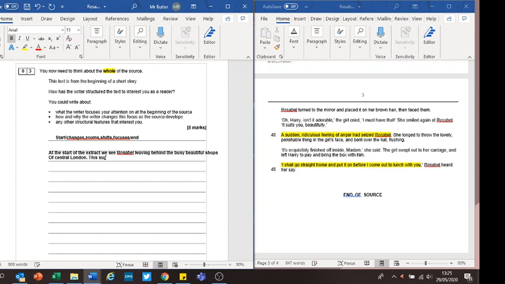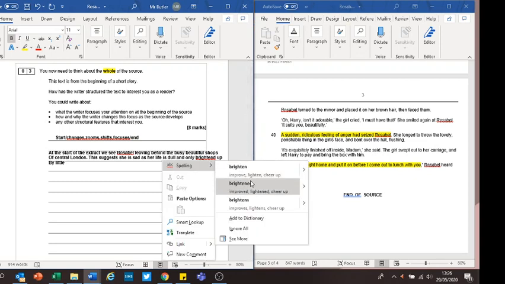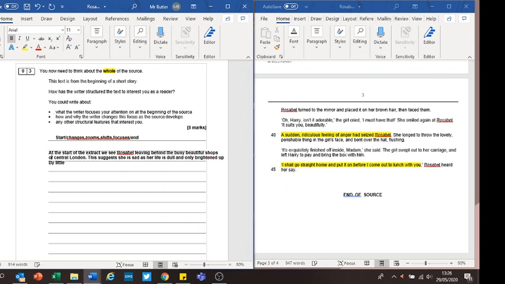And this suggests she is sad as her life is dull and only brightened up by little items and moments of happiness, like the flowers. Right.